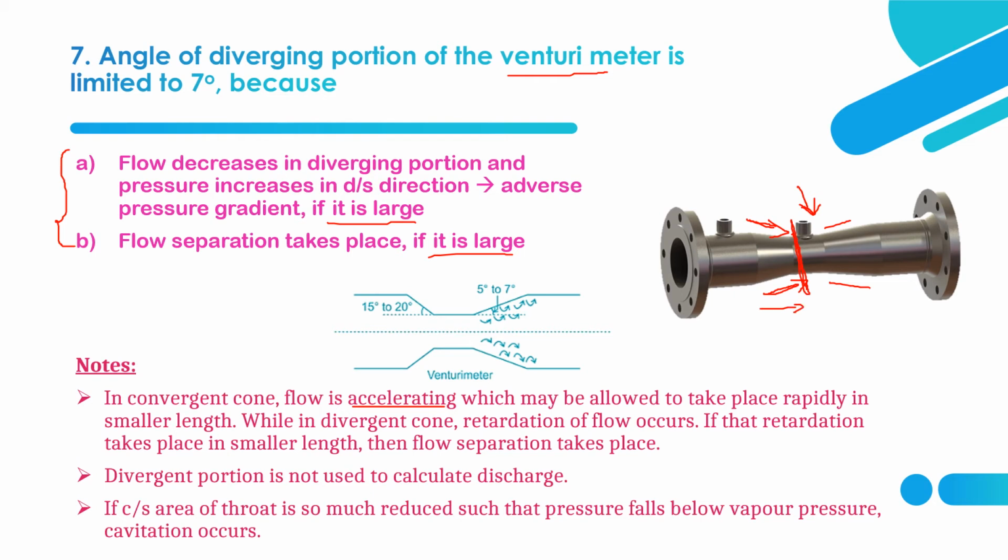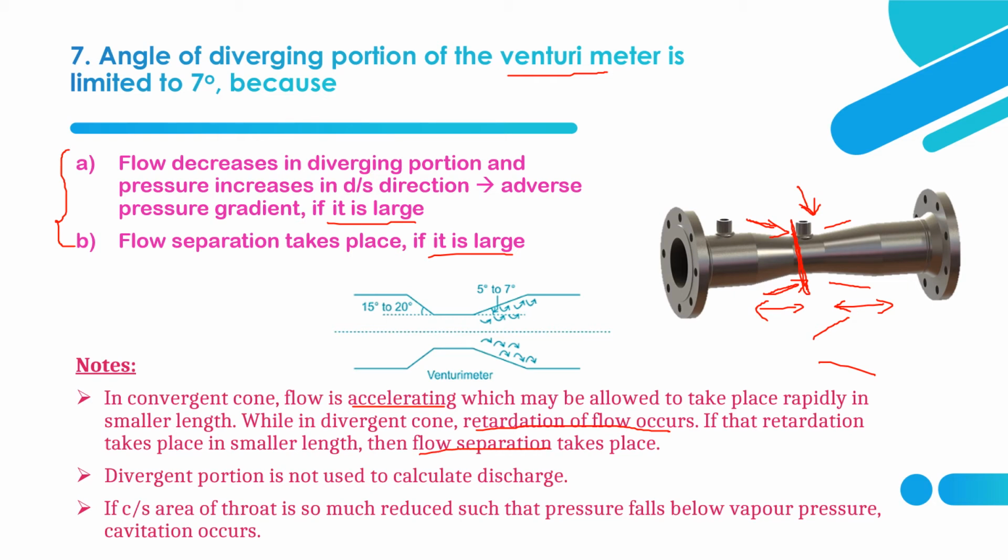So the length of the convergent cone is very small, while in the divergent cone retardation of flow occurs. What is retardation? Decrease in flow. If that retardation takes place in a very small length, then what happens? Flow separation may take place.